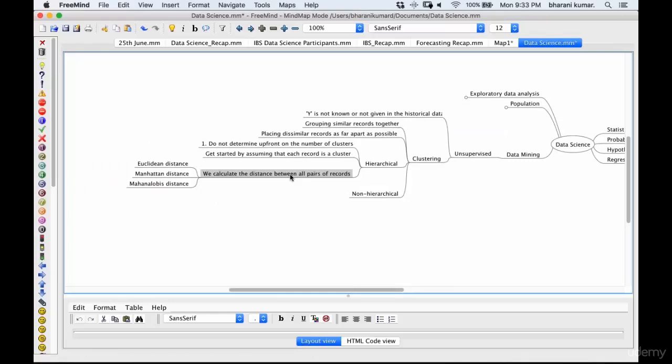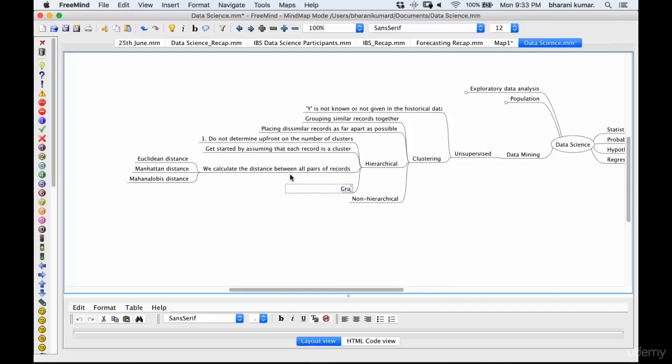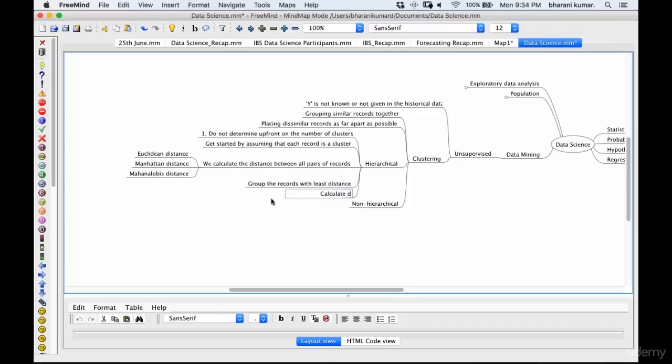And then we are going to group what? We are going to group those records which have the least distance. Once you have groups and records in place, we need to calculate the distance between records and groups, or between different groups.